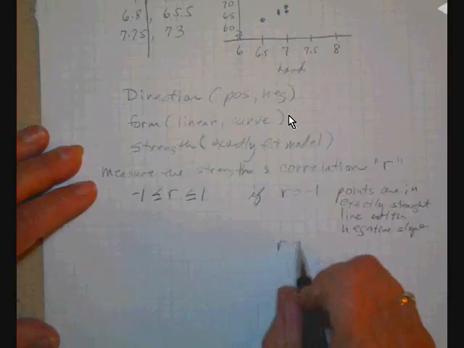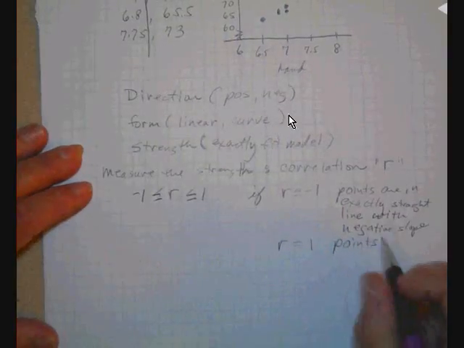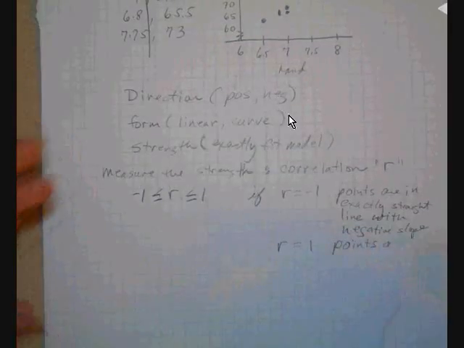And if R equals +1, that means all those points in the scatter plot are in exactly a straight line with a positive slope.